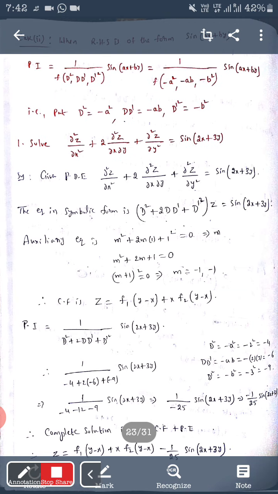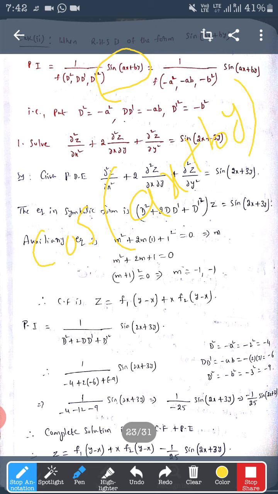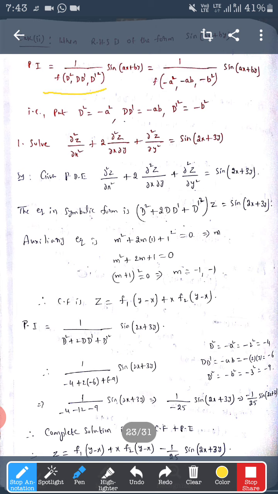Whenever on the right hand side we have sin ax plus by or cos ax plus by, whatever it may be, sin or cos, both are the same. The same procedure applies for both sin and cos. So first we write the function as f of D square, D D dash, D dash square.